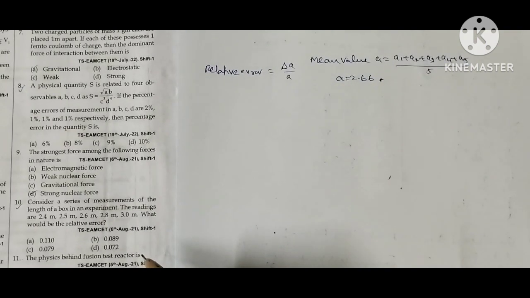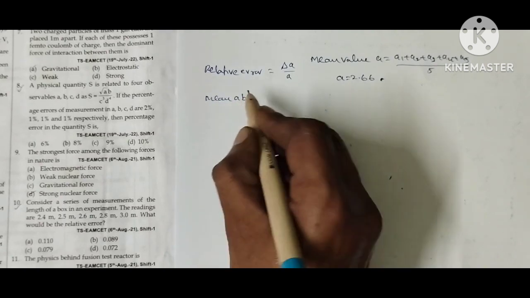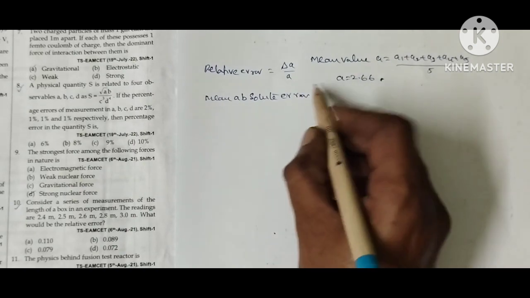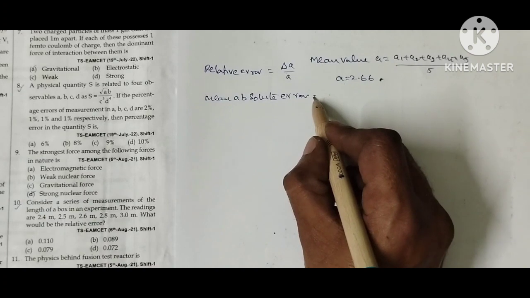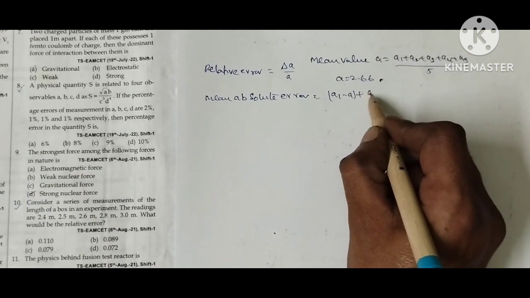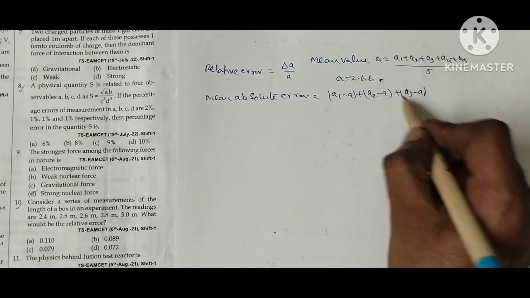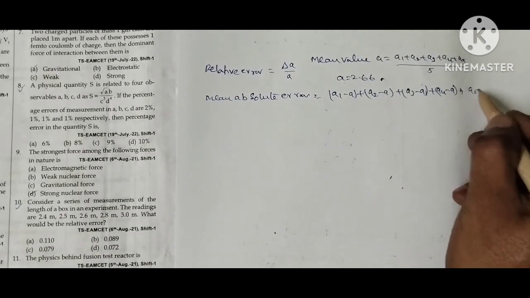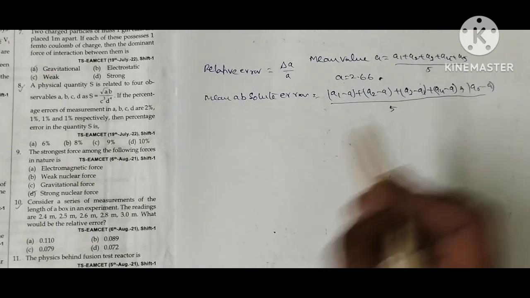From that you have to find the mean absolute error. Mean absolute error means, so this is the A value. It is better to write the formula here: mod of A1 minus A plus mod of A2 minus A plus mod of A3 minus A plus mod of A4 minus A plus mod of A5 minus A, divided by how many are there? 5.